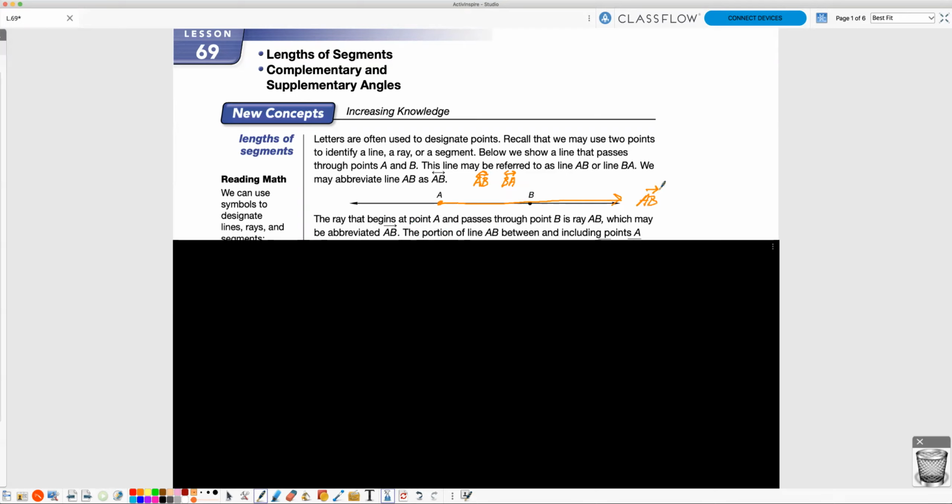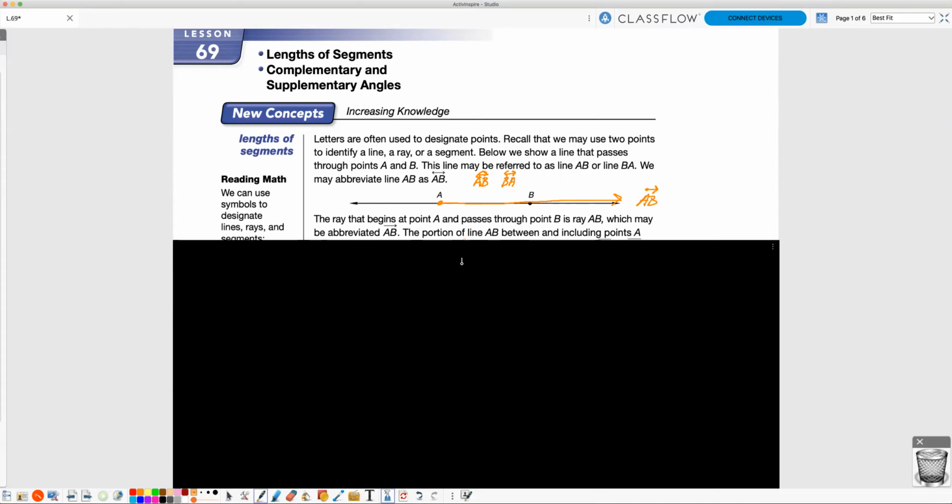And it has to be with one arrow. It would just have one point and one arrow going that direction. You cannot have ray BA being the same thing. It would be the other direction, and it would start at B. So you can't flip-flop the ray naming as you can the line naming.